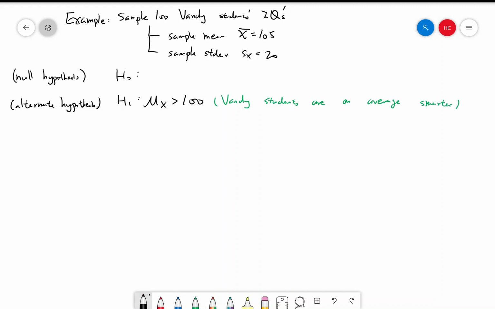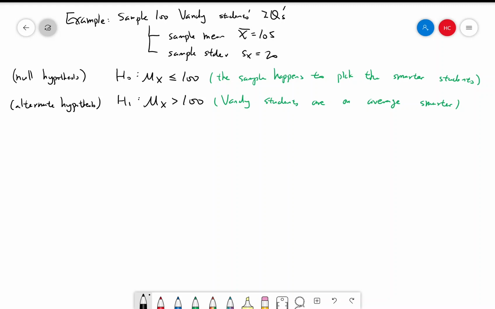The opposite, the null hypothesis, claims that Vandy students are not smarter than the general public. This could be caused by the sample happening to pick the smarter ones.